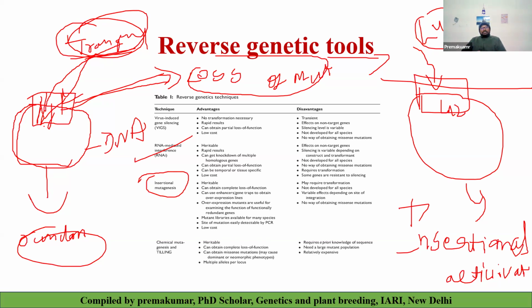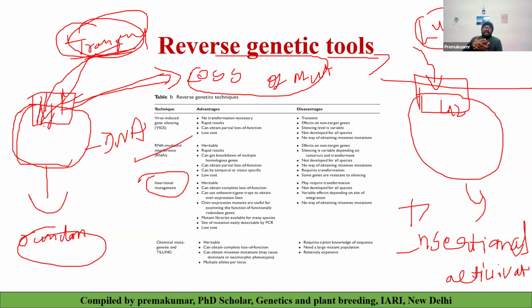For example, if the gene is activating in a flower, this fluorescence is there, so this gene is responsible for flower. We can locate where the particular gene is expressing, if you have a fluorescent tag.